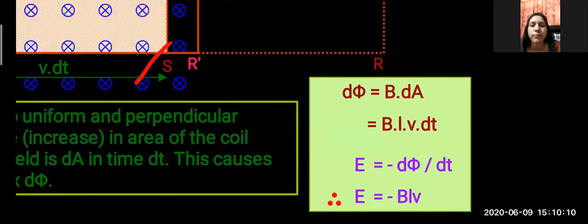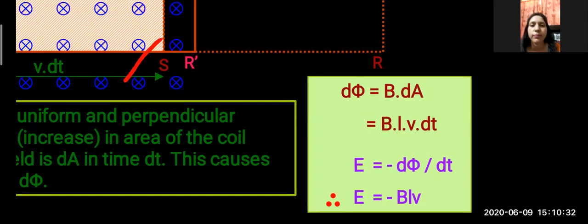We know that the change in flux is given by d phi equal to B into dA, where dA is the change in area. Here dA is given by LV dt, so we can write B LV dt.